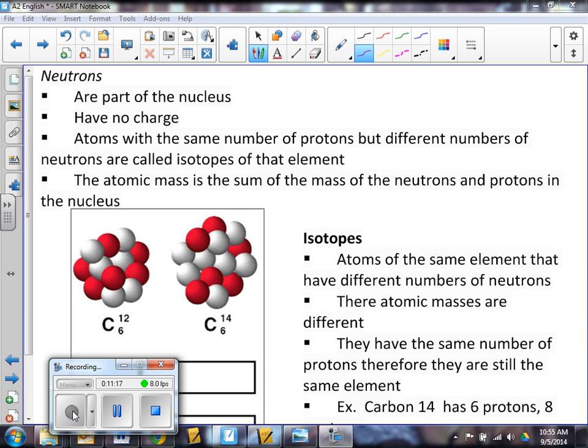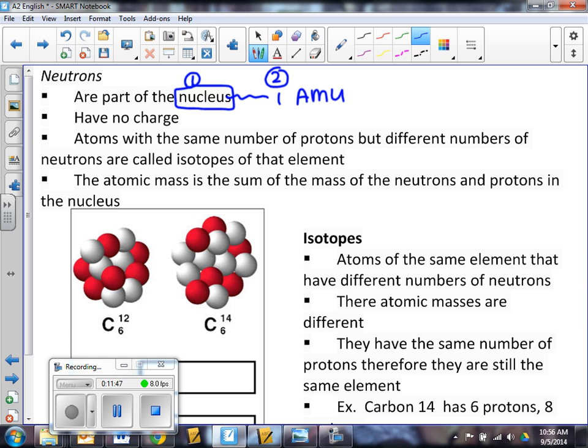So we are going to talk about neutrons next. They are the other particle that you find in the nucleus. And so for neutrons, just like we did with protons, there are some things that you need to know. Thing 1, where is it? It is in the nucleus. Since we know that the nucleus is where the mass is, that gives us point number 2.